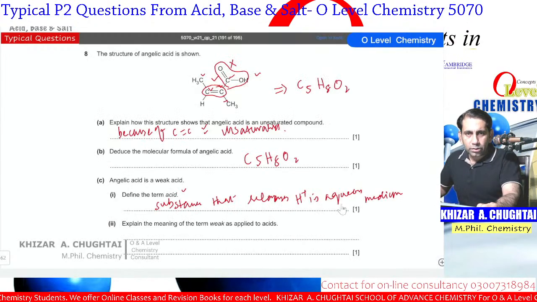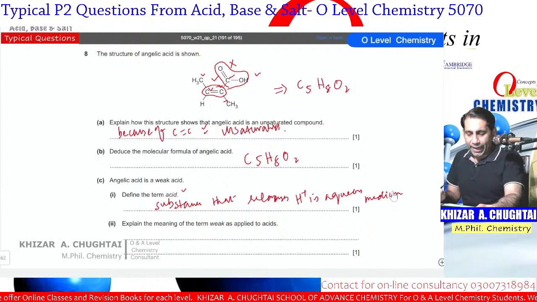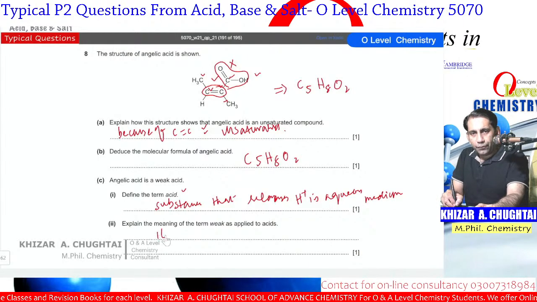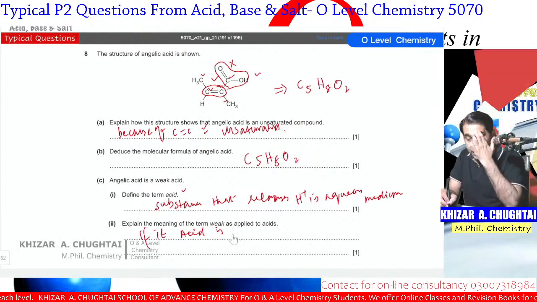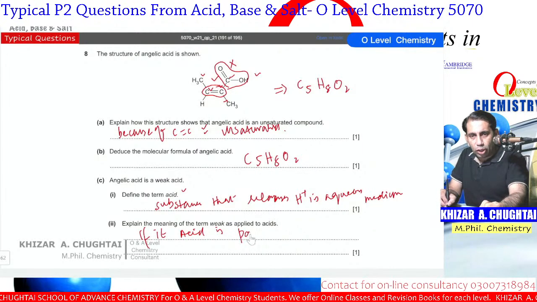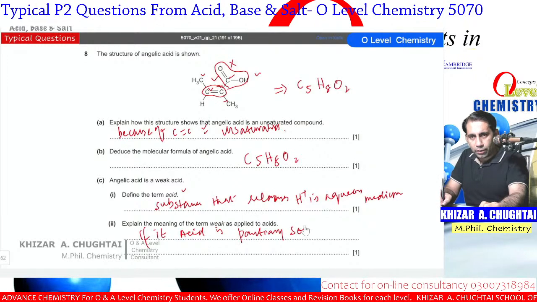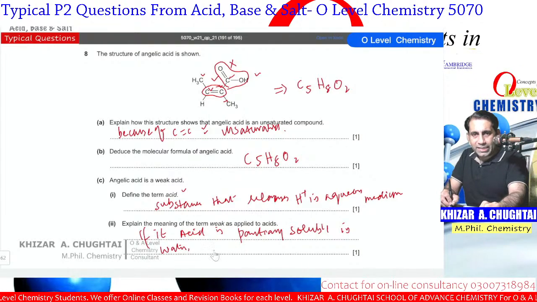Explain the term meaning weak as applied to the acid. If an acid is partially soluble in water, then it is said to be a weak acid.